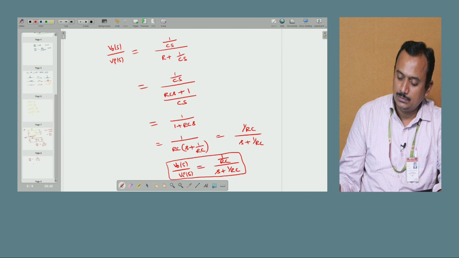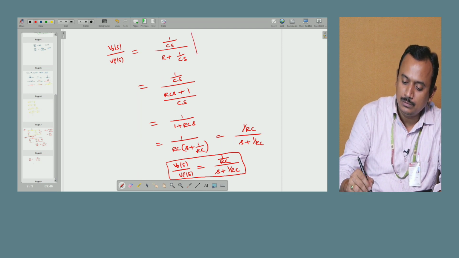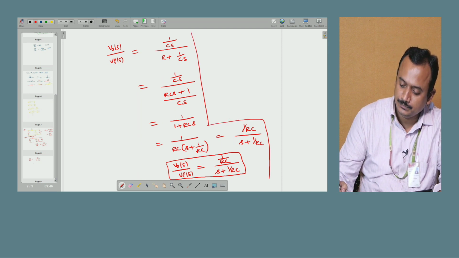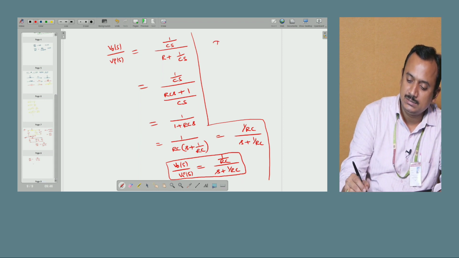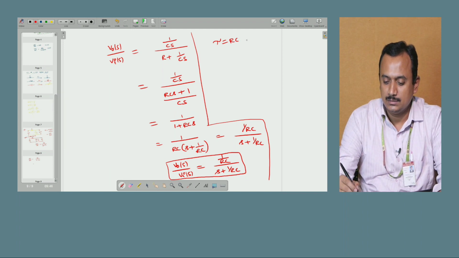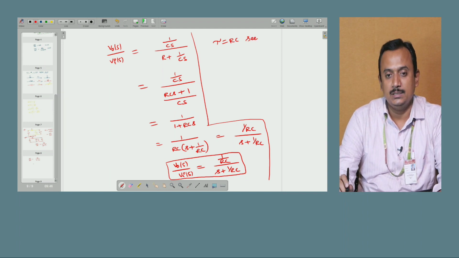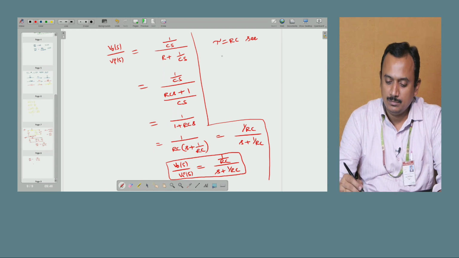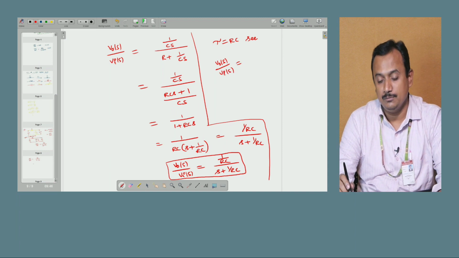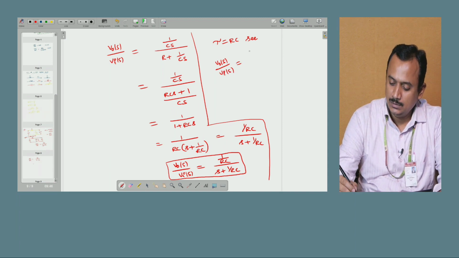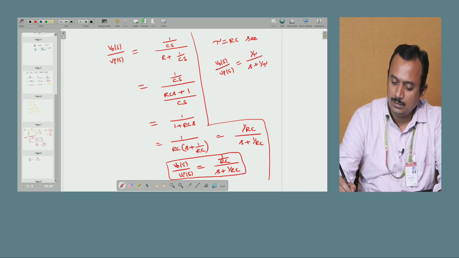Now the important note that we need to conclude from this is RC. RC is known as the time constant of the RC series circuit. So this is the time constant, in seconds, denoted with tau. So from that we may substitute in this transfer function equation V naught of S by Vi of S is equal to 1 by tau by S plus 1 by tau.